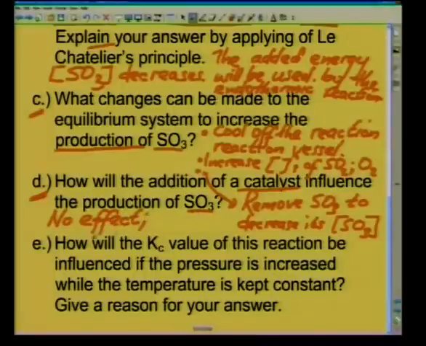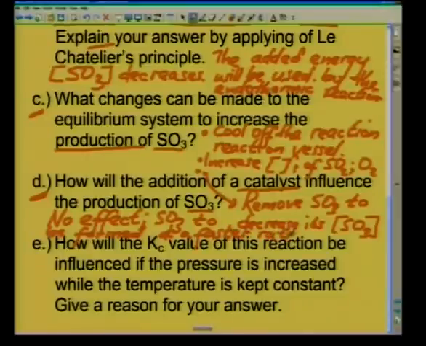All it will do, it will make SO3 to be formed quickly, or to be formed at a faster rate. Okay, so that's what it will do.